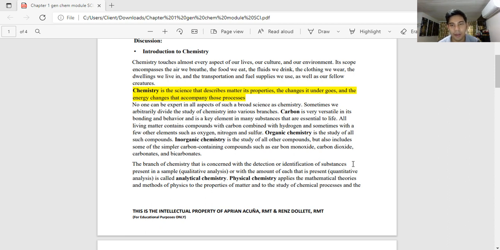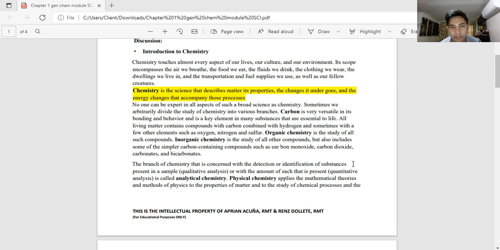Carbon is very versatile in its bonding and behavior and is a key element of many substances that are essential to life. All living matter contains compounds with carbon combined with hydrogen and sometimes with a few other elements such as your oxygen, your nitrogen, and also sulfur.